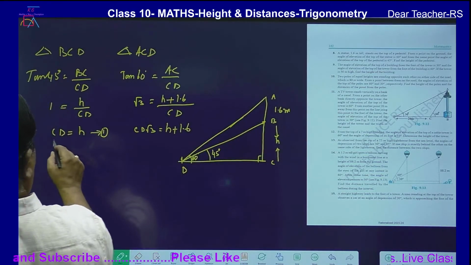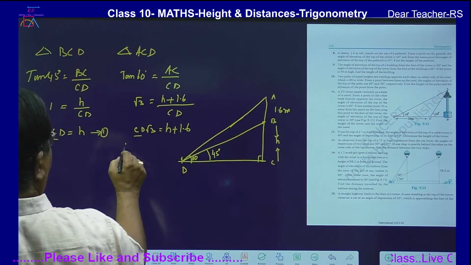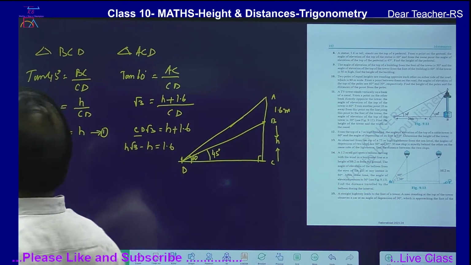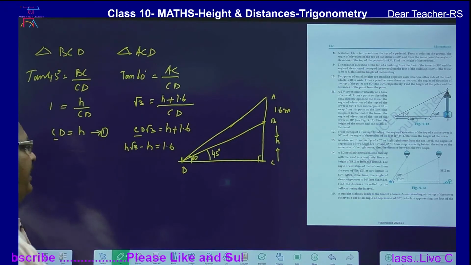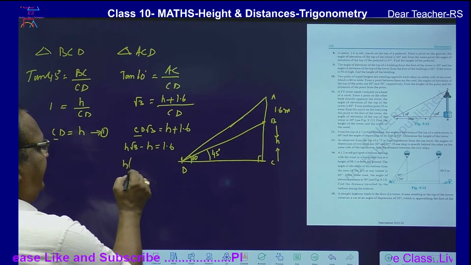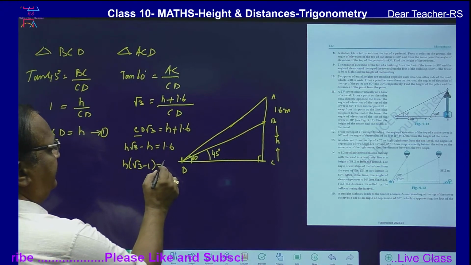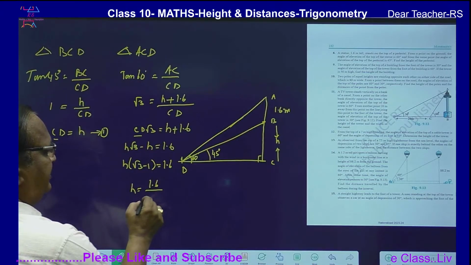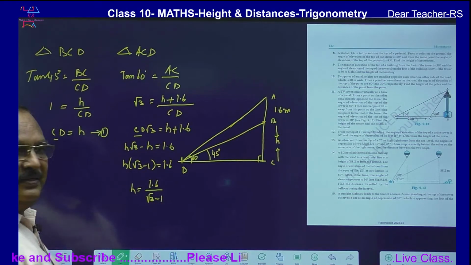So in the place of CD, I will write H root 3 minus H is equal to 1.6. Now H I will take common, root 3 minus 1 is equal to 1.6. So H is equal to 1.6 by root 3 minus 1.